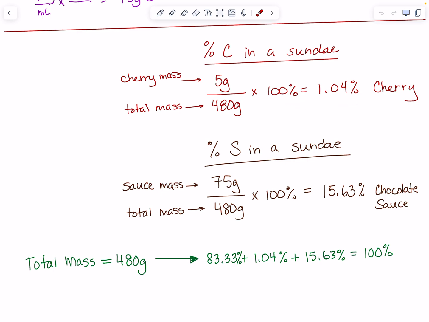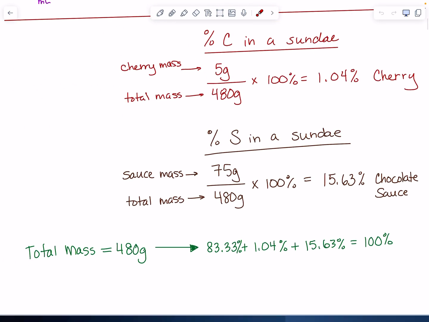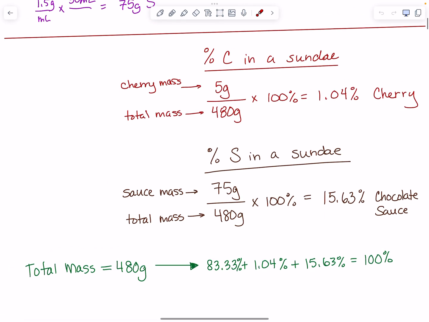Our ice cream sundae was 83% ice cream, 1% cherry, and 15% chocolate sauce. And to check myself, I took the percentages for the individual components, and they should add up to 100% of the mass of the sundae, and in fact, they do.